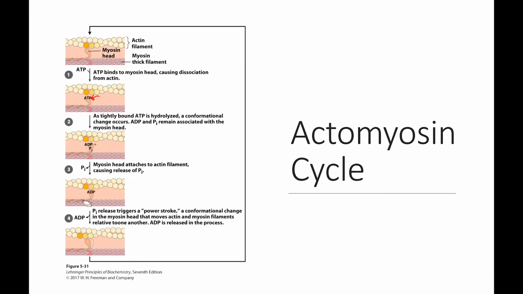This allows that phosphate to release, and now you just have ADP that is bound to the myosin portion. When the final release occurs of the phosphate, it actually triggers what we call a power stroke. And again, this is just a conformational change that moves the head to that next actin molecule.